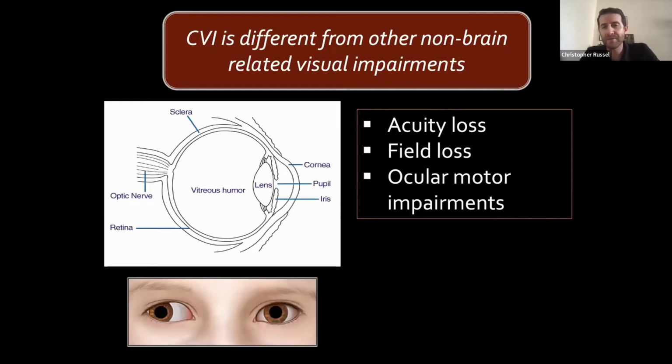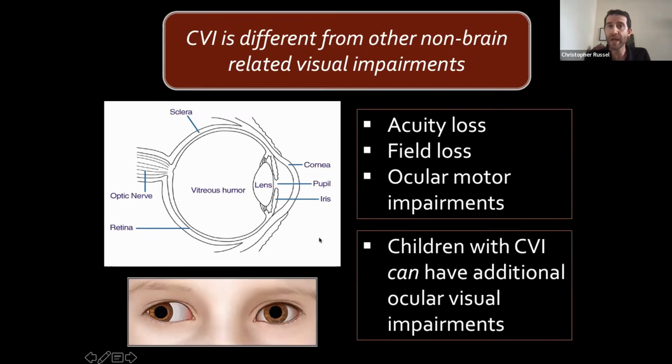We can't do that with CVI because in CVI, the ocular structures tend to be intact or maybe have minor differences. And so we actually can't even look at a micro MRI or even a live fMRI to be able to tell exactly what's happening in the brain from a functional context. Neurology can really help us diagnose CVI, but not tell us much about exactly what's happening on a scale of severity and what the impact on vision is actually going to be.